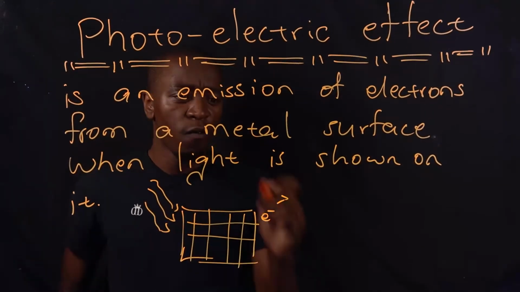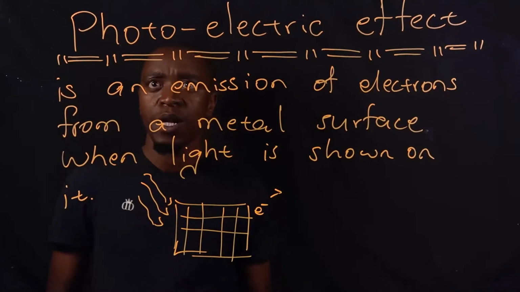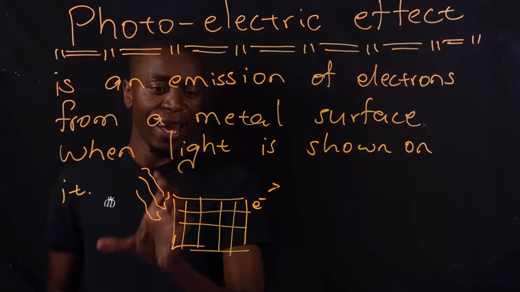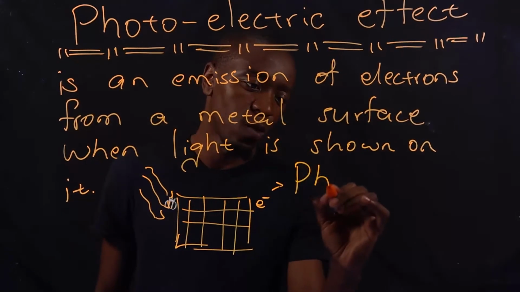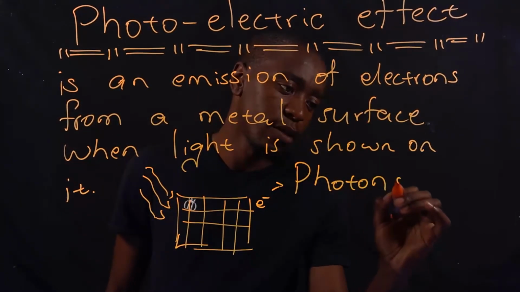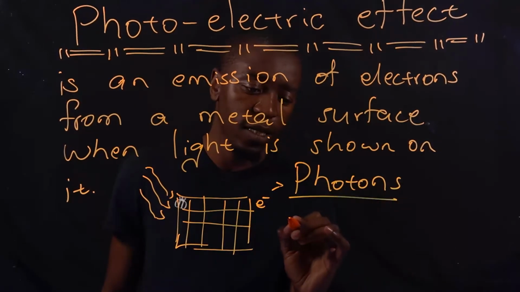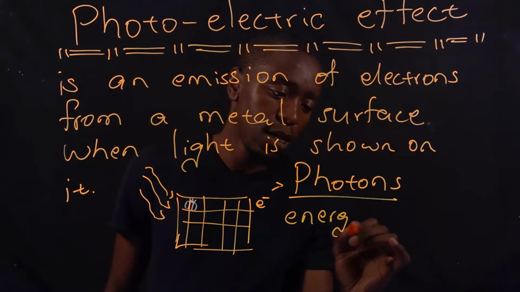So in the photoelectric effect, when you shine light on a metal surface, you get particles. These particles are what we call photons. So photons are as simple as energy packages.